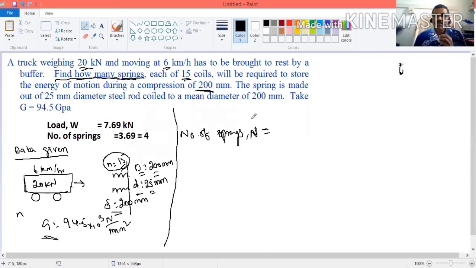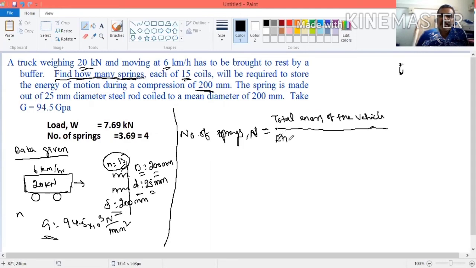So if you want to calculate the number of springs, the total energy of the vehicle divided by the energy absorbed by one spring will give the number of springs. Here the energy is stored by a number of springs.